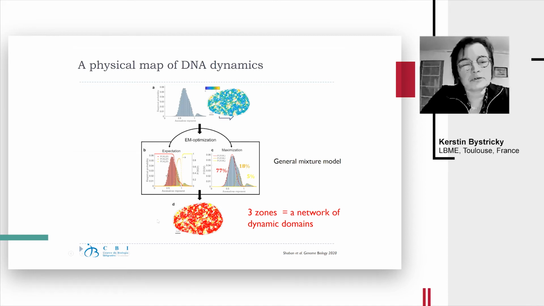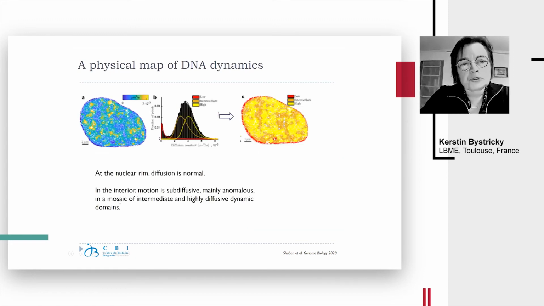So when we apply this to our U2OS nucleus, which is serum starved here, based on the maps of the diffusion coefficients from the general mixture model, you can see that you have the rim on the outside, which is red, very slow moving, and on the inside you have this mosaic of different areas that cover the entire nucleus. It's mainly anomalous and subdiffusive, but there's this mosaic that defines domains.